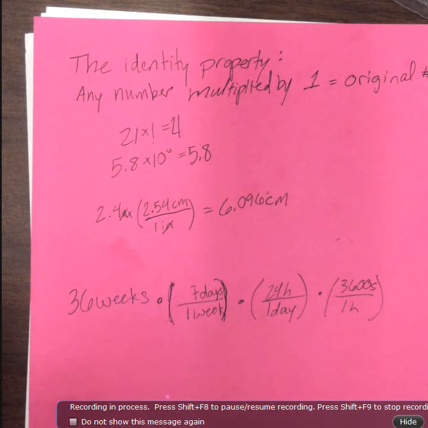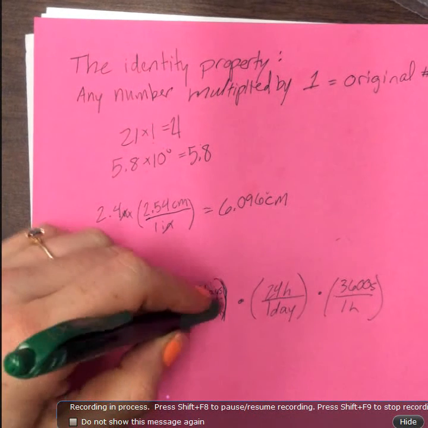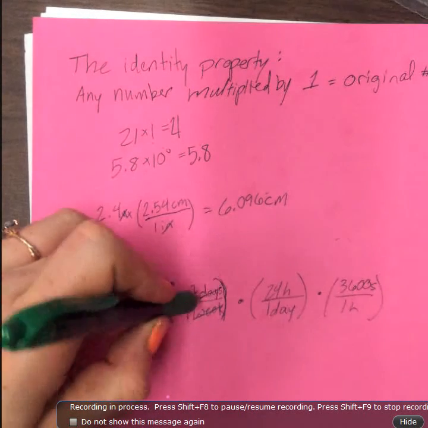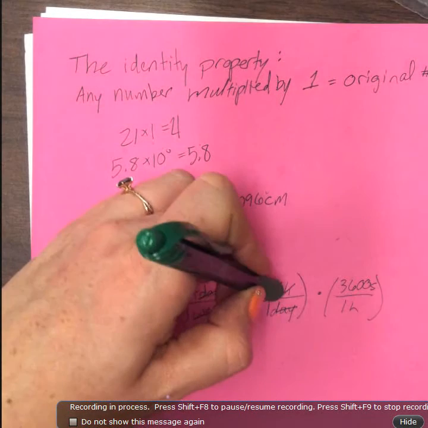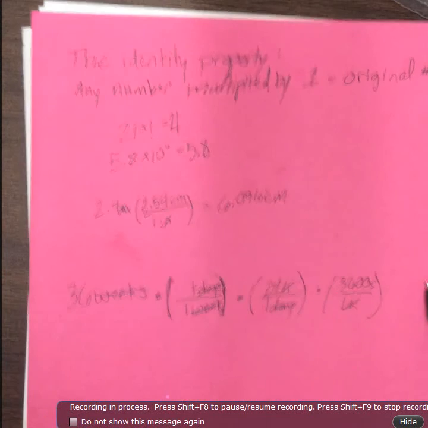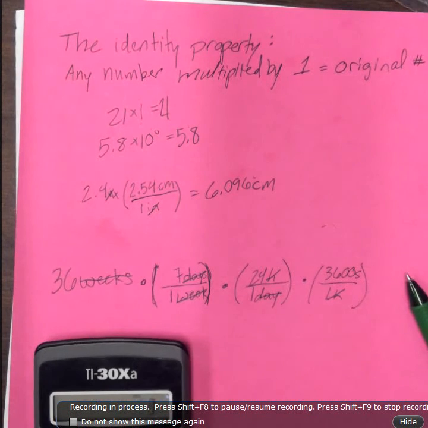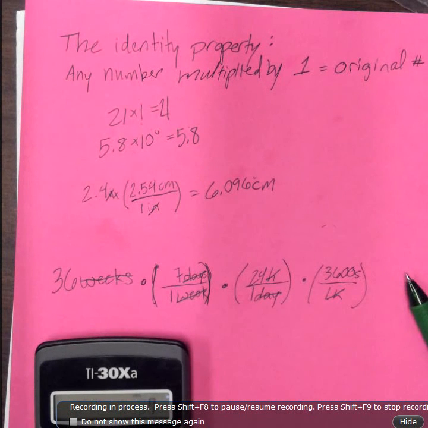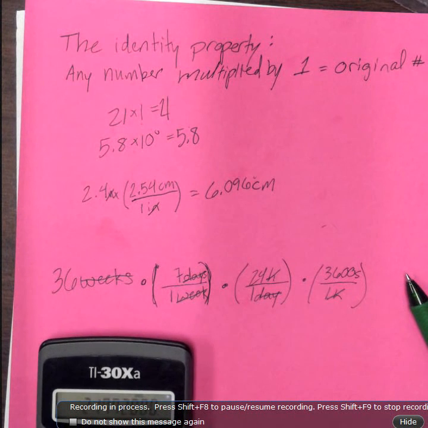But now weeks cancel with weeks, days cancel with days, hours cancel with hours, and my equation is going to be 36 weeks times 7 days times 24 hours times 3,600 seconds, all over 1.